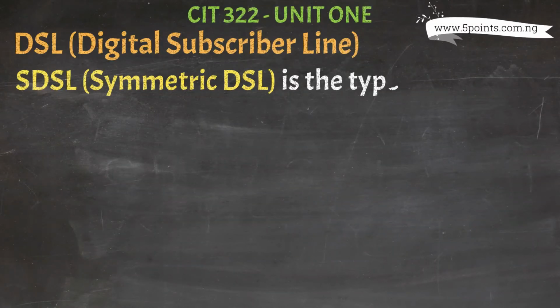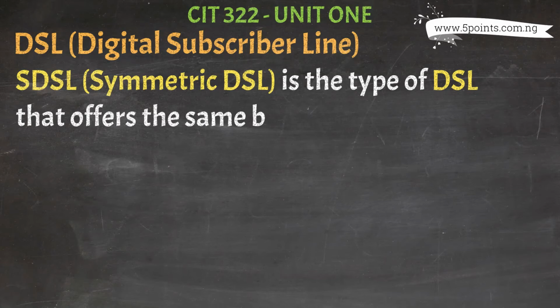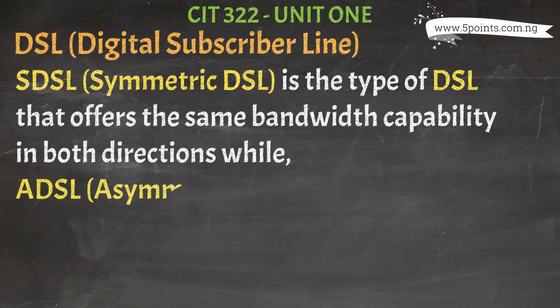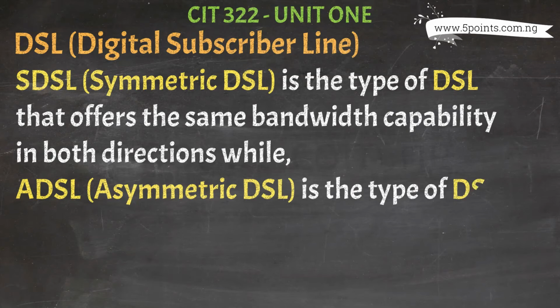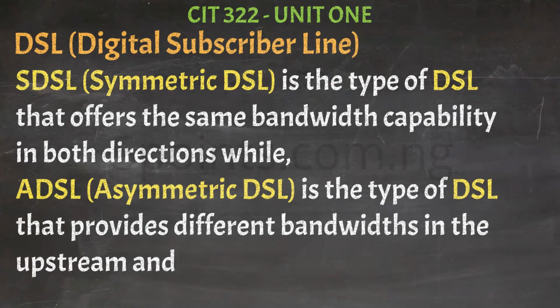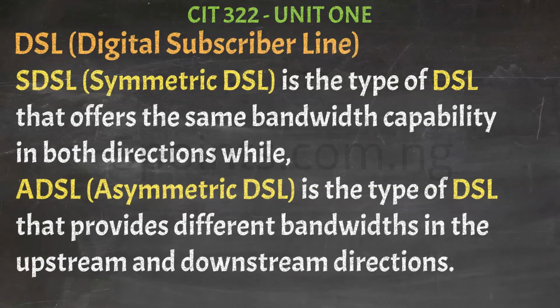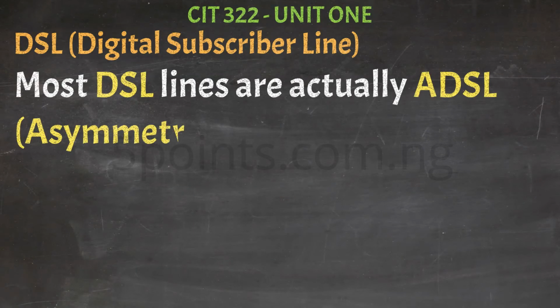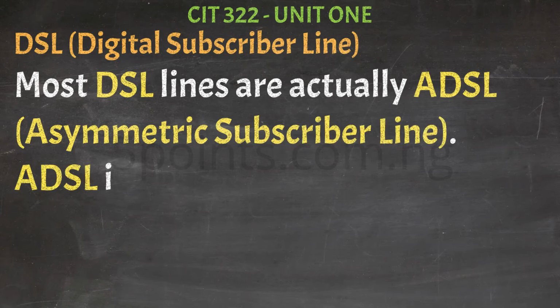SDSL, symmetric DSL, is the type of DSL that offers the same bandwidth capability in both directions, while ADSL, asymmetric DSL, is the type of DSL that provides different bandwidths in the upstream and downstream directions. Most DSL lines are actually ADSL, asymmetric digital subscriber line.